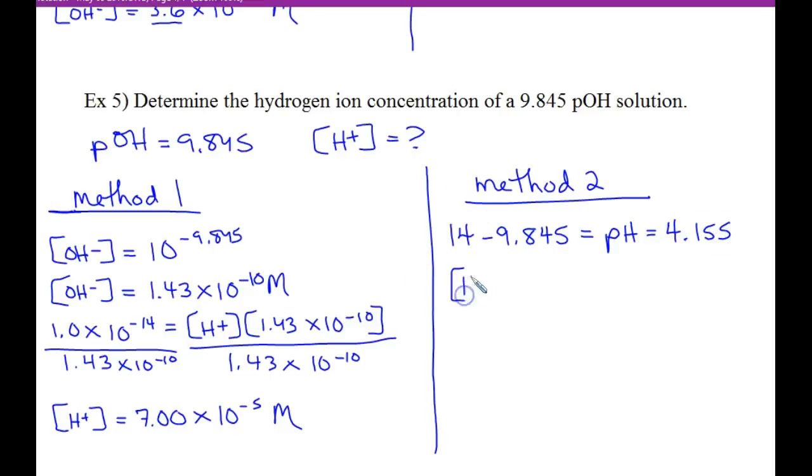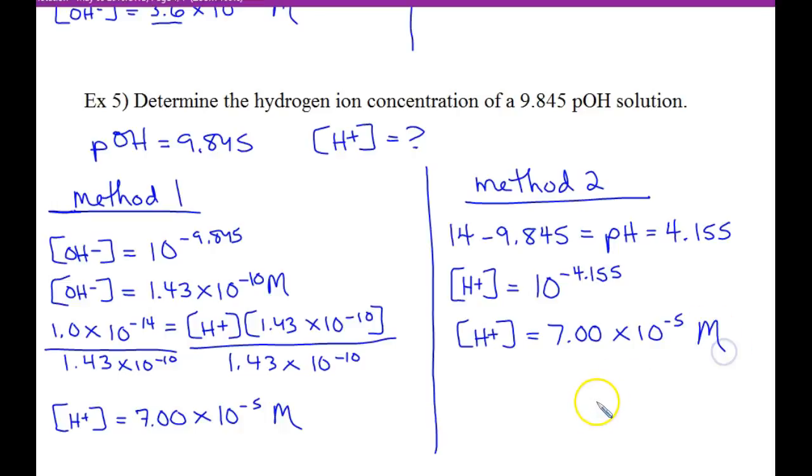And then we can get the hydrogen ion concentration by saying 10 to the negative 4.155. And it does give you the same answer, 7.00 times 10 to the negative 5 molar. Make sure that you are rounding things correctly. Make sure that you are putting that molar symbol if you're solving for an ion concentration.